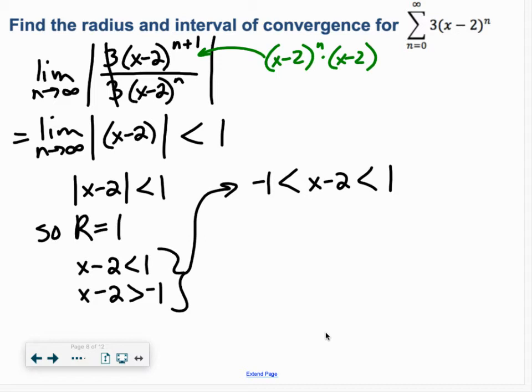To solve this inequality, you add 2 to all three sides. So I get 1 is less than x, which is less than 3.